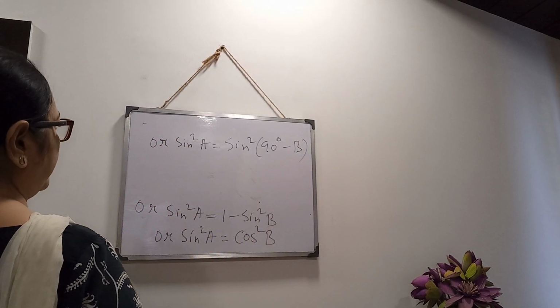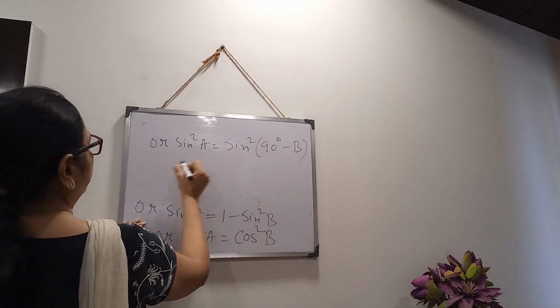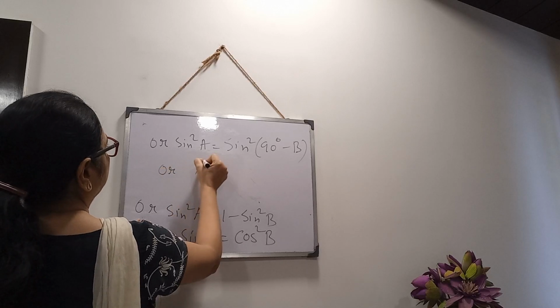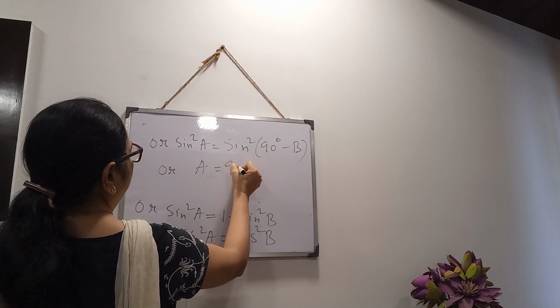Cos theta means sin 90 minus theta. That formula I have applied. So this is coming 90 minus B.